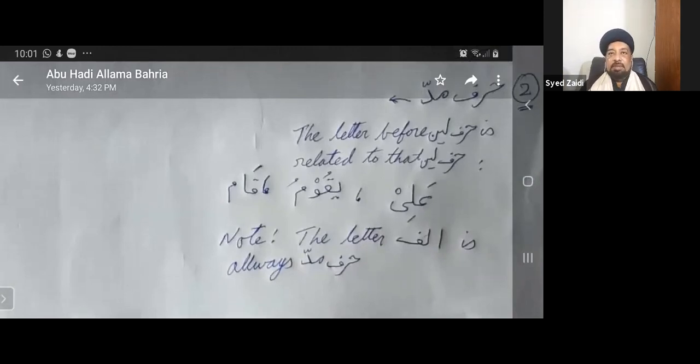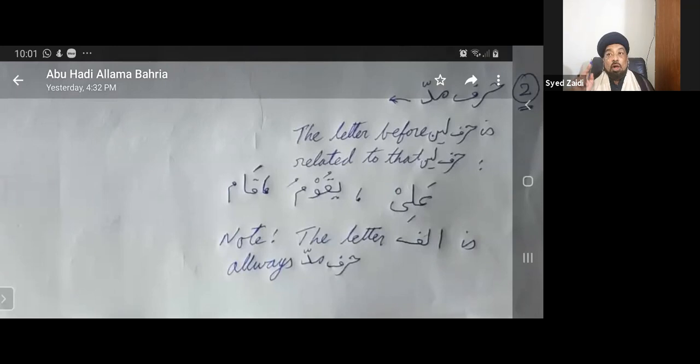In qama, you see that alif is silent and the previous letter carries the sign fath. So it is the word qama. Now there's a very important note that you must take: the letter alif is always harf mad.